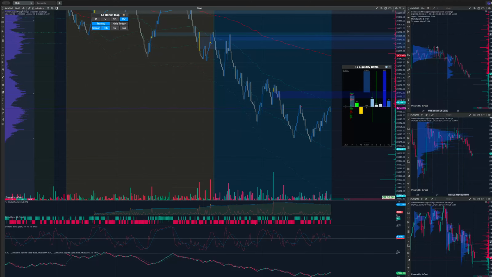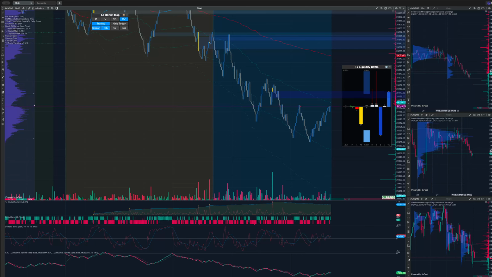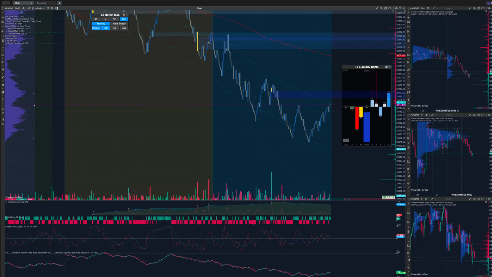So first, preparation of the day is for sure we're going to look at the economic calendar. The major event today, from 7:30 US time, was already over. It is the initial jobless claims, which came below the forecast.